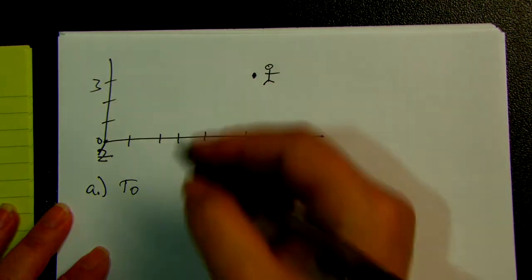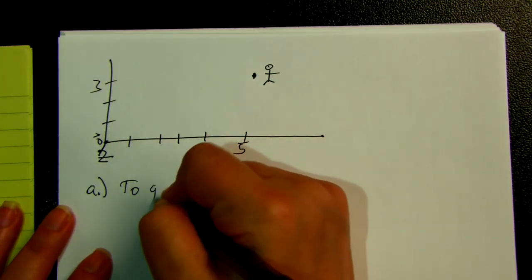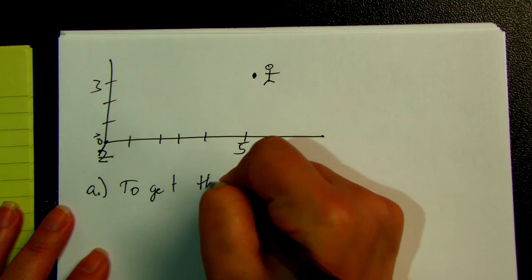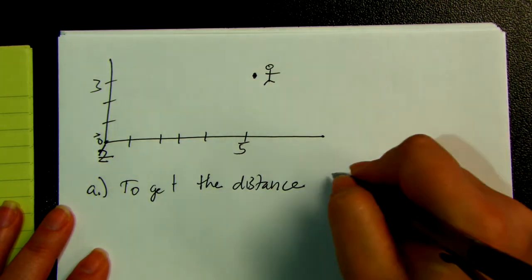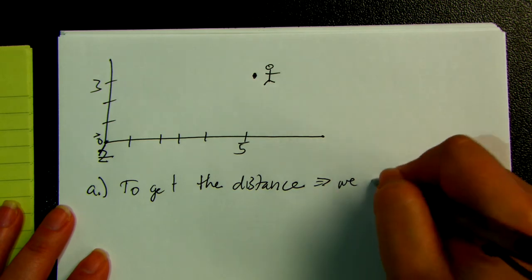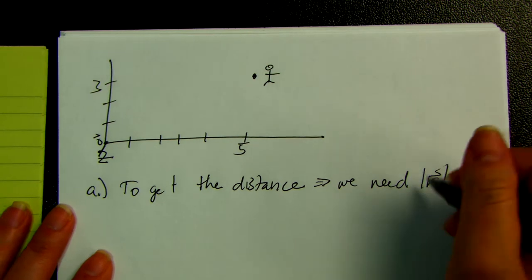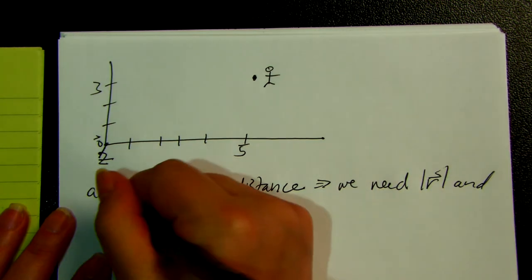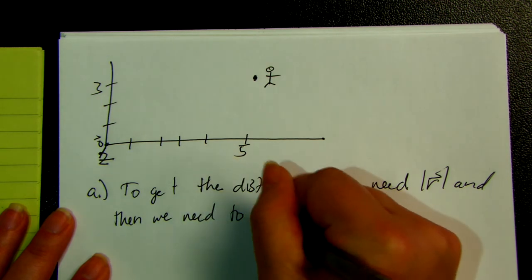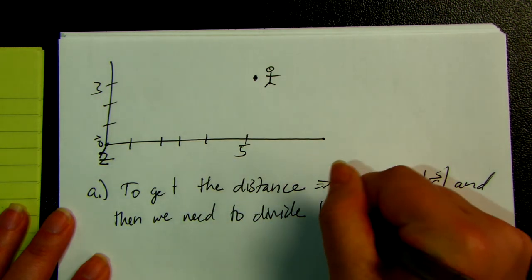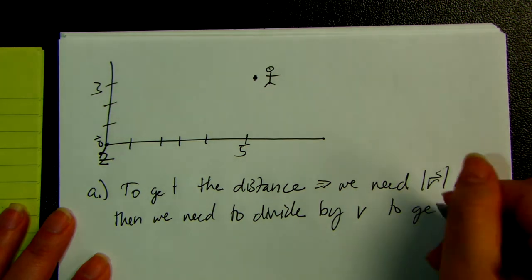0 vector. To get the distance, we need the magnitude of r, and then we need to divide by v to get t.